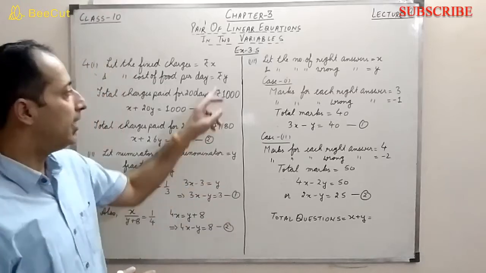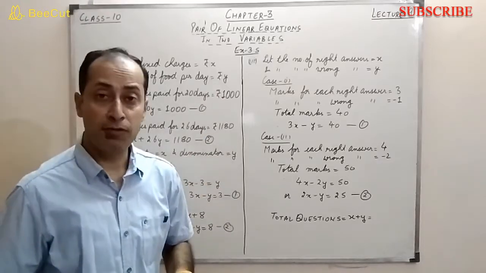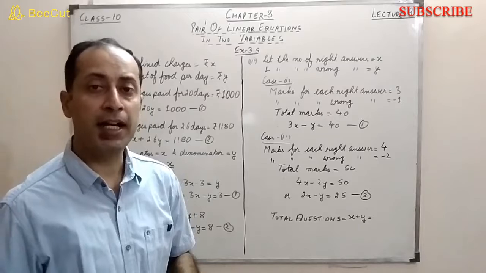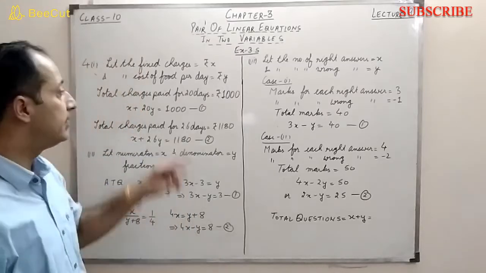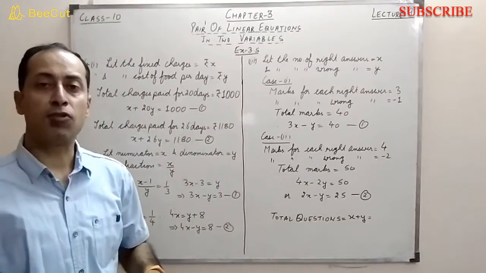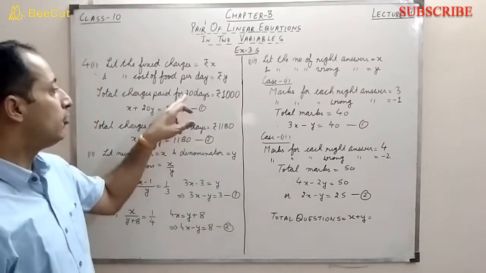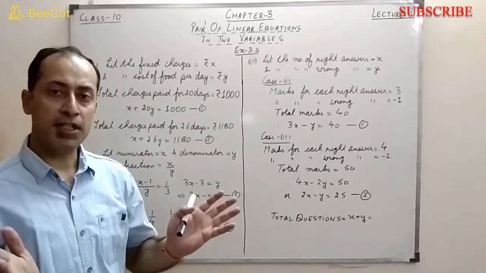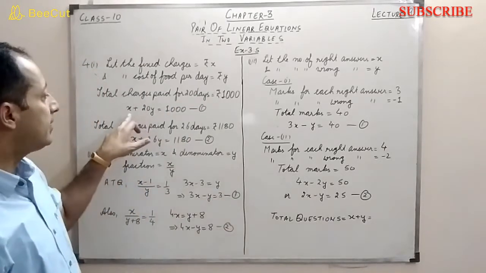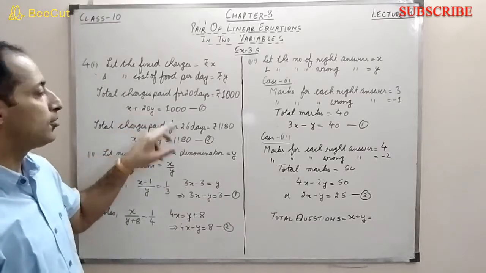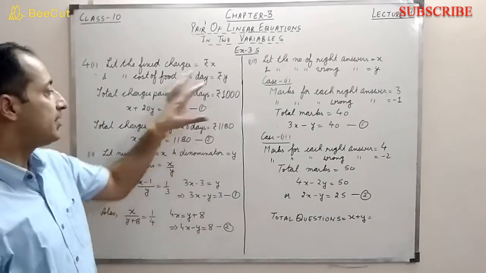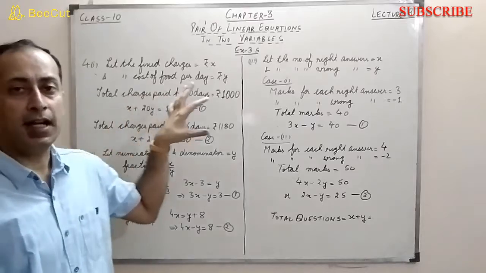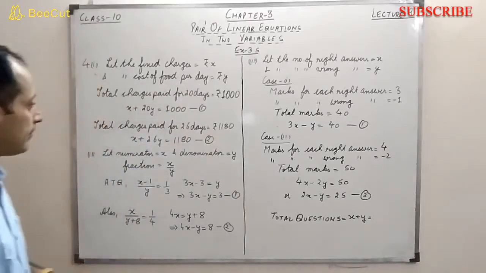Now here we have the cost of food per day as Y. The number of days the food has been taken in the mess is 20. It means the total charge for that would be 20 into Y, that is 20Y. So whatever the total charges become for 20 days, that will be X plus 20Y equals 1000. Fixed charges as they are, and the cost of food for 20 days, that is 20Y, right?